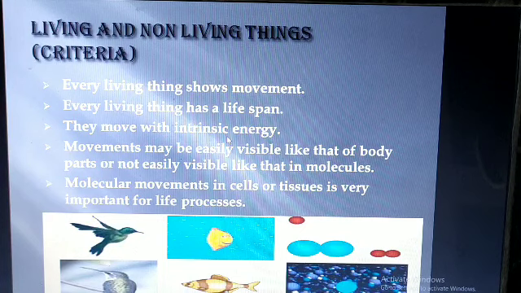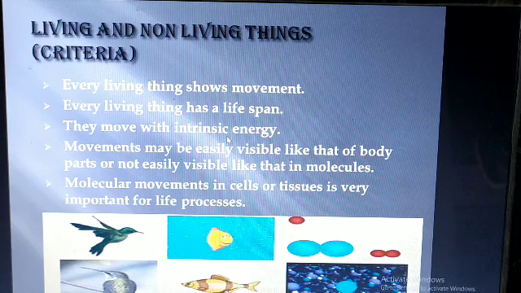But in the case of living things, we don't need any kind of extrinsic factor. So living things move with the help of intrinsic energy. The movements may be easily visible like that of body parts, or not easily visible like that in molecules. Now the question is, what does this point mean?